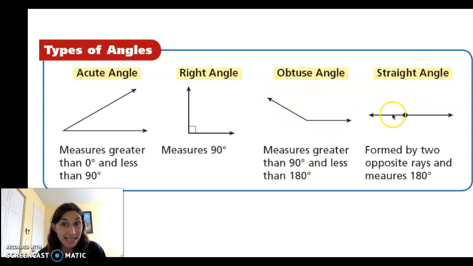This is always the easiest because it looks like a straight line, but this actually forms a 180-degree measure, okay, which is half of a circle. So an obtuse angle will always be in between 90 and 180 degrees, and an acute angle will always be between 0 and 90 degrees, and a straight angle, which is a line, will always be 180 degrees.